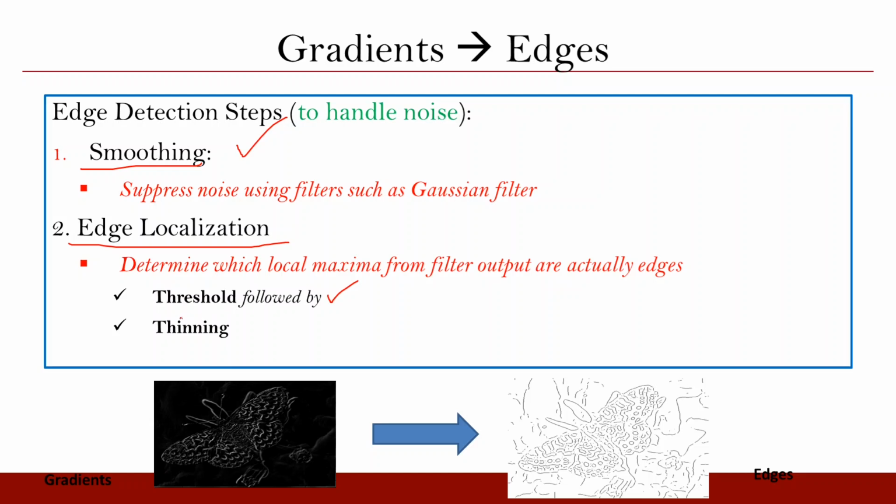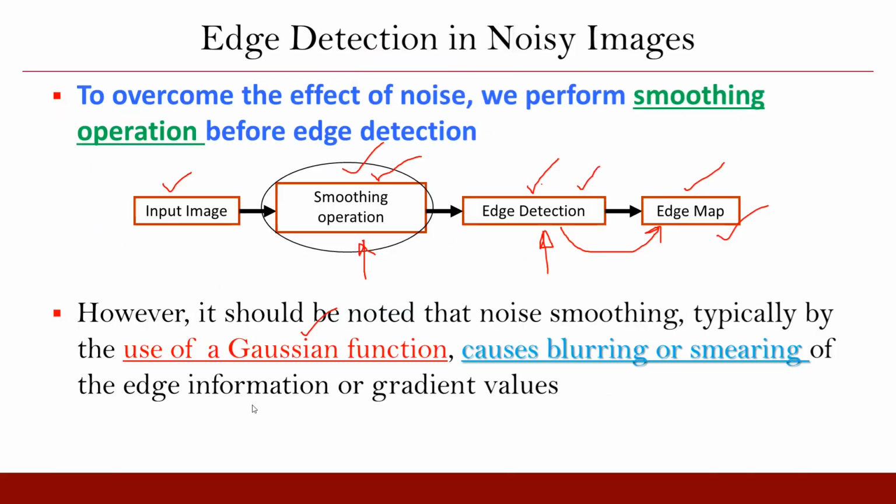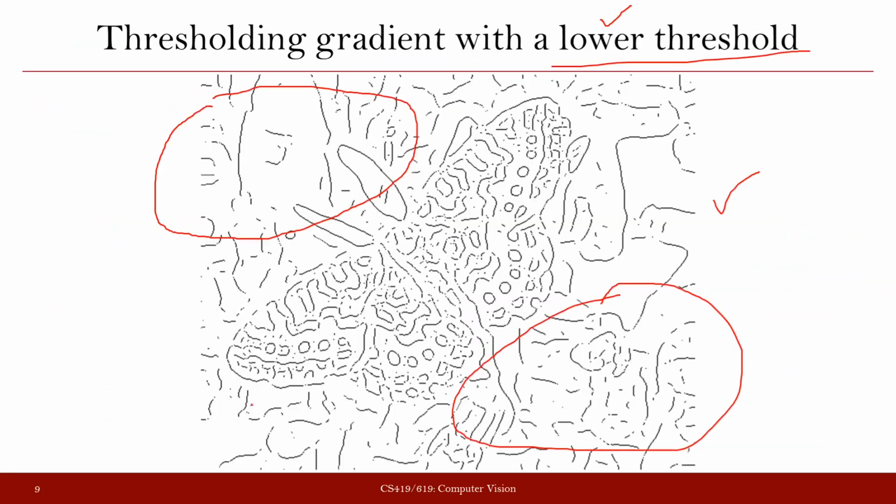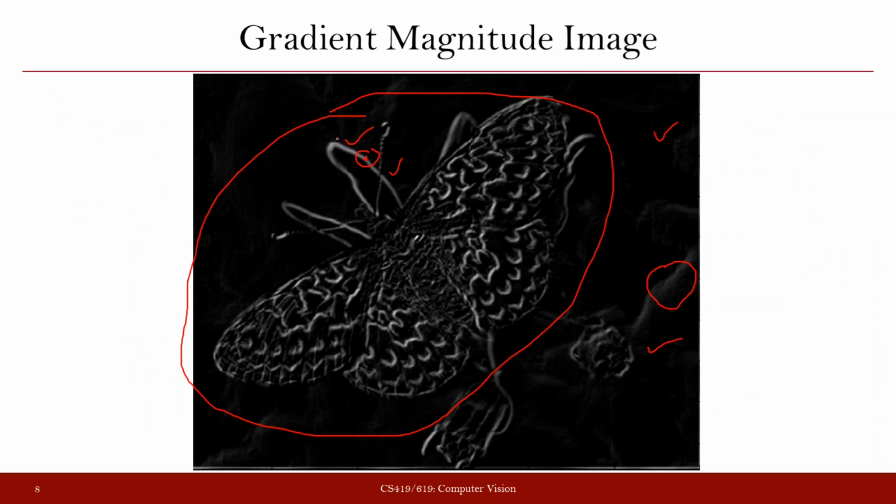And normally when we put a threshold on the image, we get a thick edge. The reason is that, if you go back and see this image here, if you observe this particular part, you can very clearly see that if you apply any threshold, you are not going to get just a 1 pixel wide edge here.